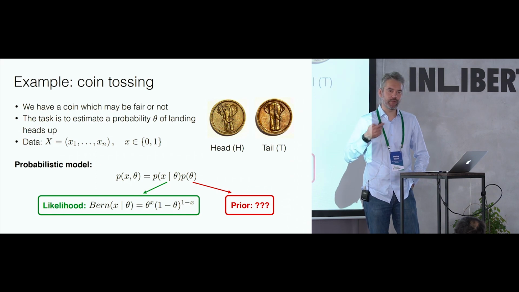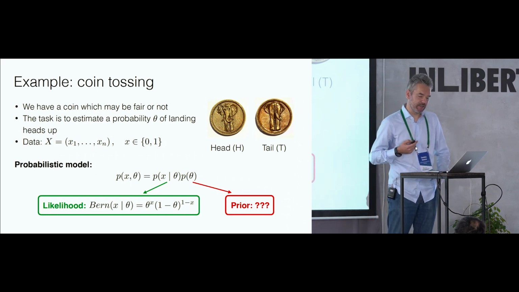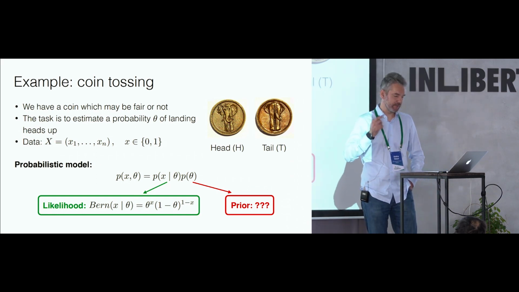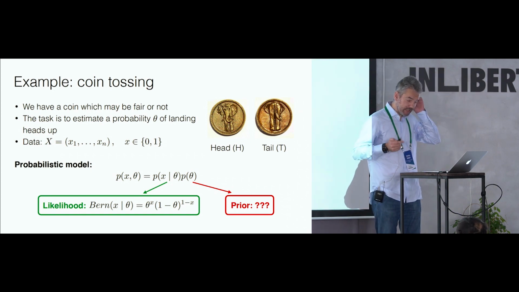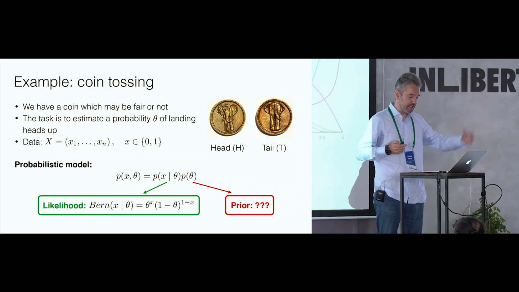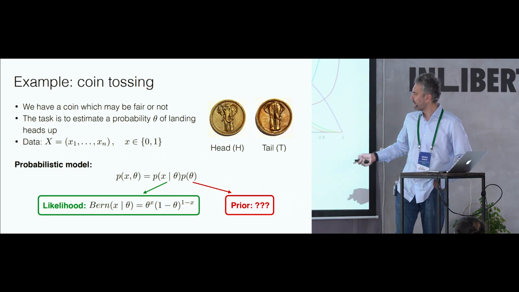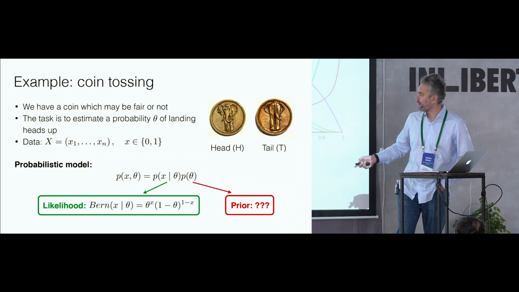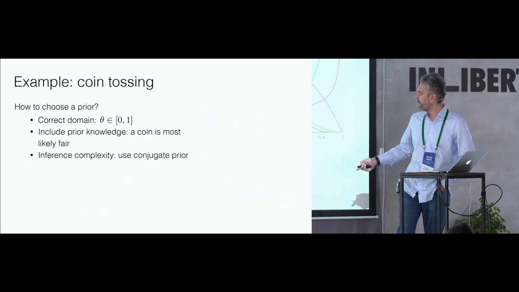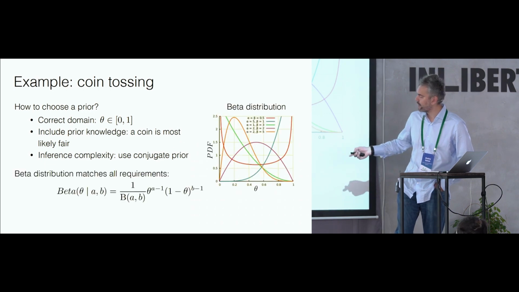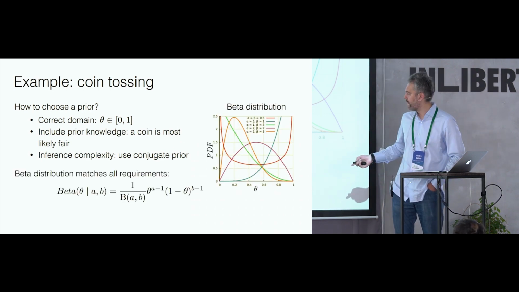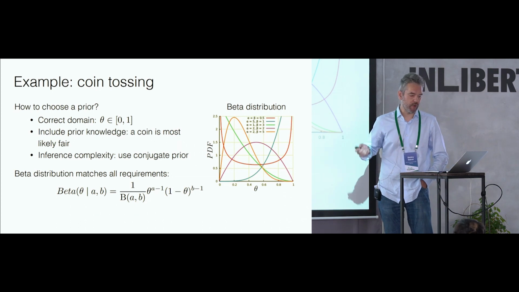So the question is, what distribution family is conjugate to Bernoulli? Let us see. I suggest using the so-called beta distribution. Beta distribution is a parametric family of distributions parameterized by two parameters a and b. By definition, its density is given by this equation, where theta lies between 0 and 1.